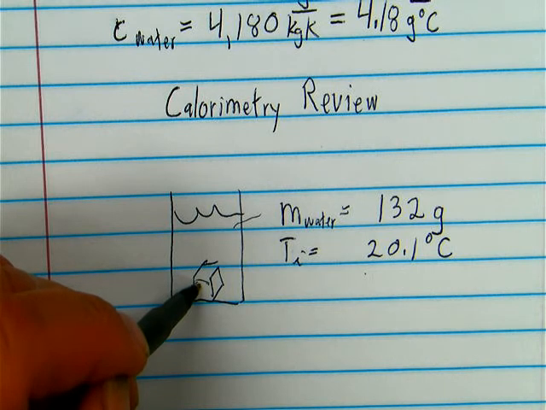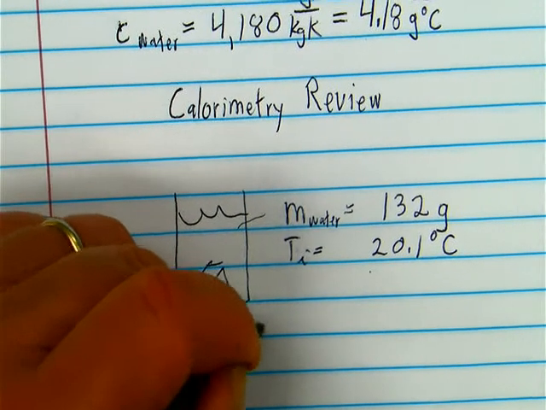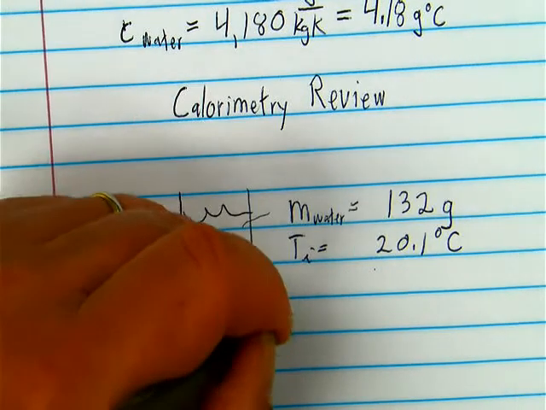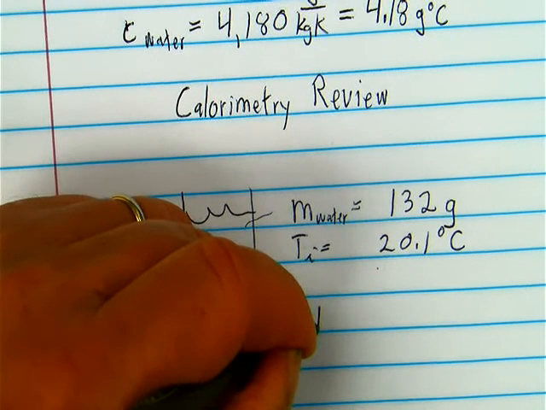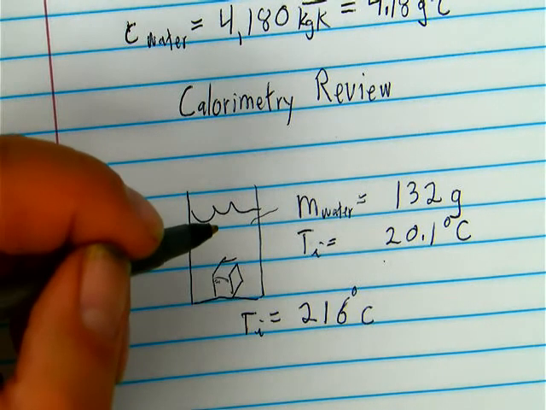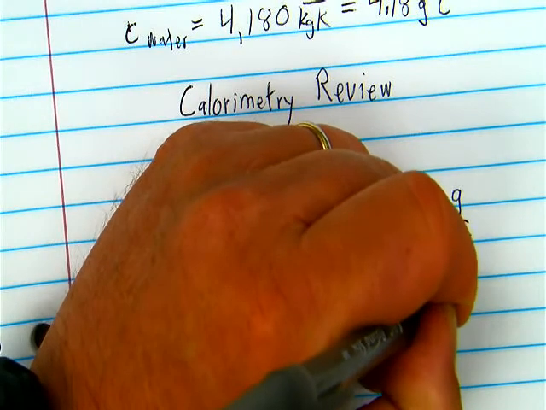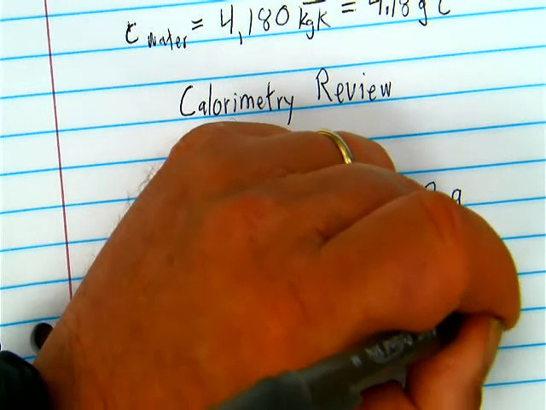And let's say for the hot stuff, its initial temperature is 216 degrees Celsius, that its mass is 42 grams.